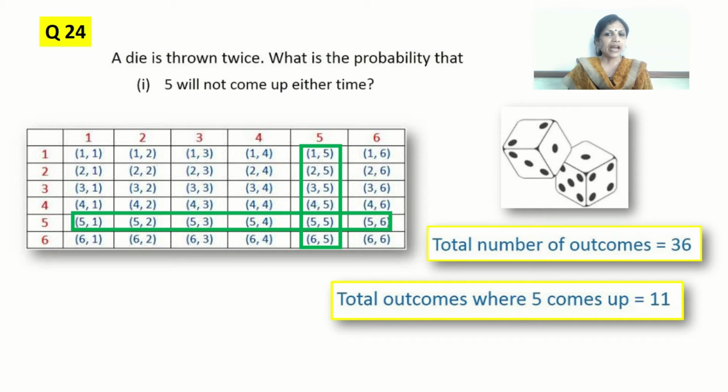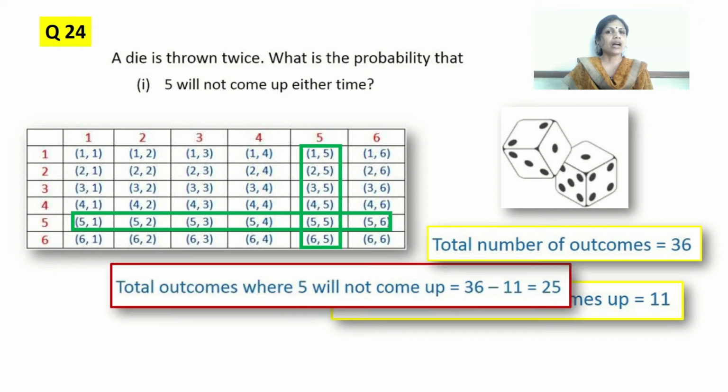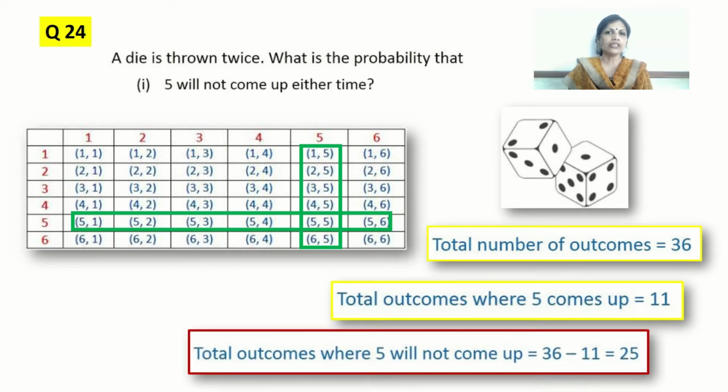And if we subtract this 11 from the total outcomes, then that will give us the idea about number of outcomes where 5 doesn't come up. So total outcomes where 5 will not come up is equal to 36 minus 11, and that is 25. Alright, but we need to find the probability. So let's use the formula.